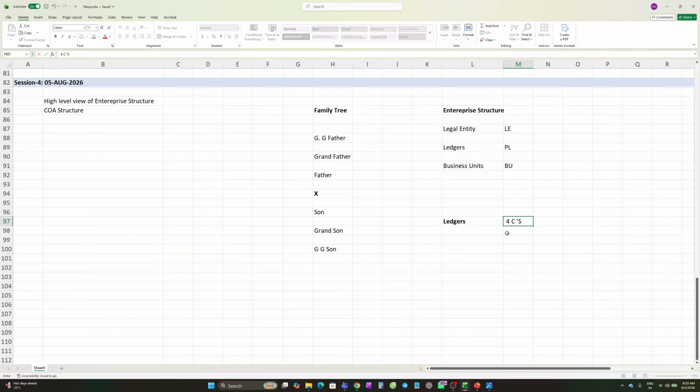What are the four C's? The words start with C only. I can mention currency, calendar, and COA, which means chart of accounts.